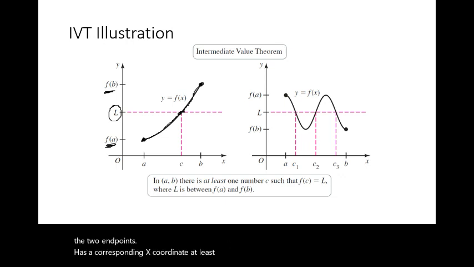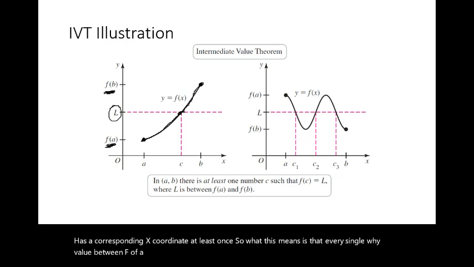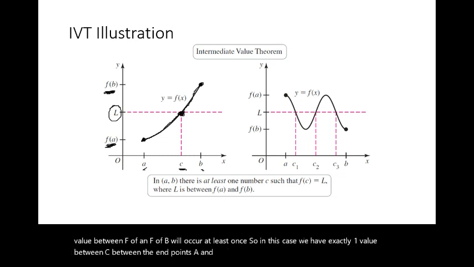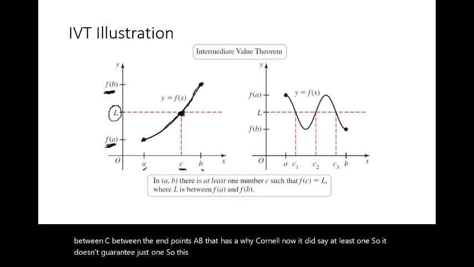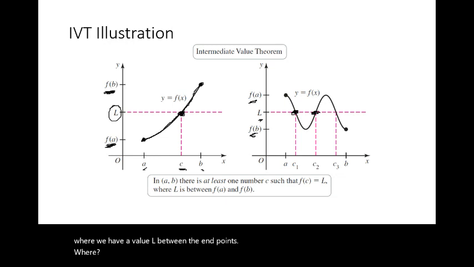So in this case, we have exactly one value c between the endpoints a and b that has a y-coordinate L. Now, it did say at least one, so it doesn't guarantee just one. This second graph is an example where we get the y-coordinate L 3 times in our interval a to b.